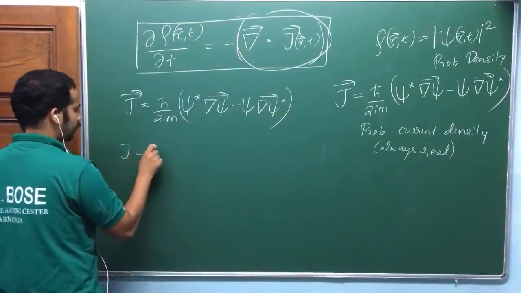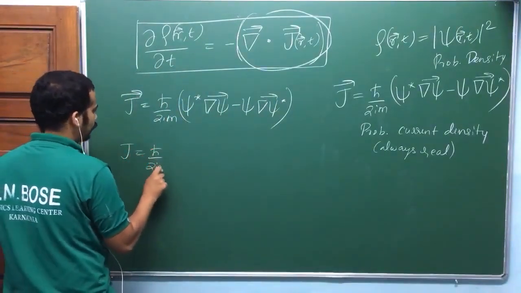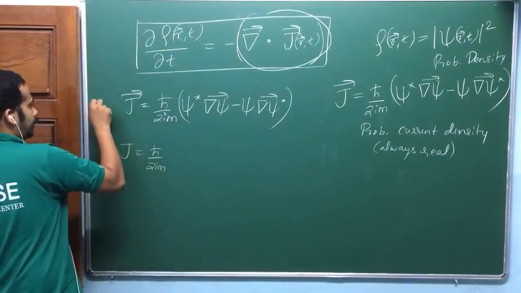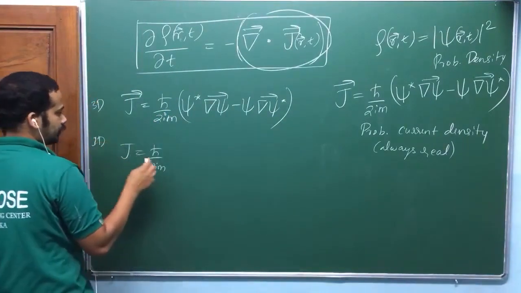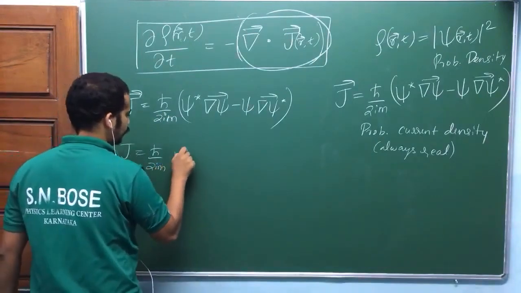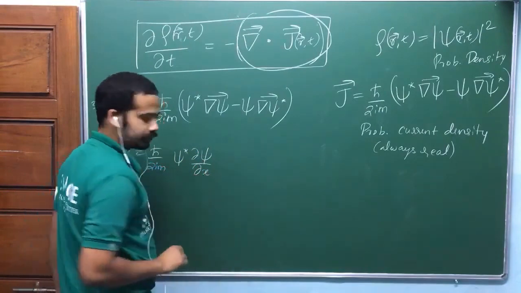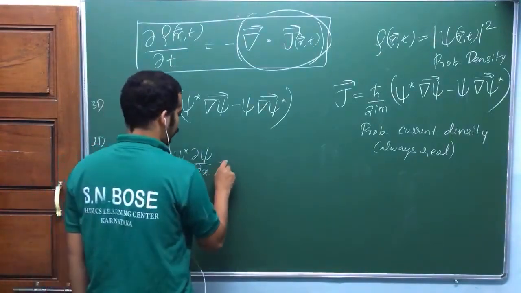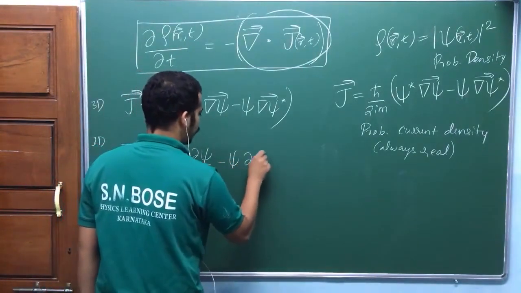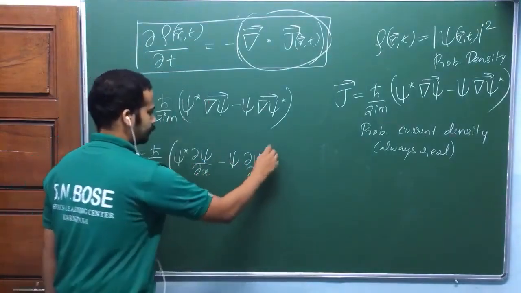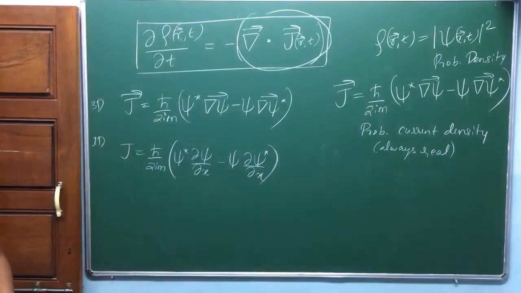So J is equal to h bar by 2im, so this is 3D and this is 1D: psi star dou psi by dou x, minus psi dou psi star by dou x, in case of one dimension.